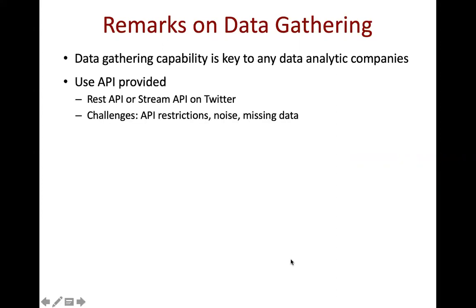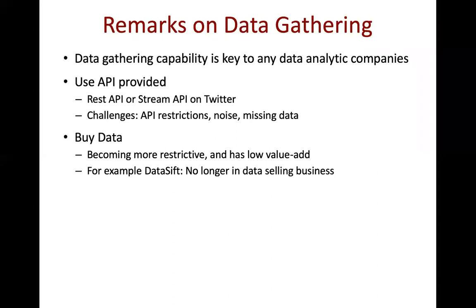You could use APIs, but obviously those APIs will be provided only to the extent that API providers will make financial benefits for themselves from them. So they're going to give you the main treasure, the data, and therefore we can buy the data. But nowadays, with regulations around privacy, we're no longer really able to buy the data, and data selling companies are no longer relevant, no longer in the business.